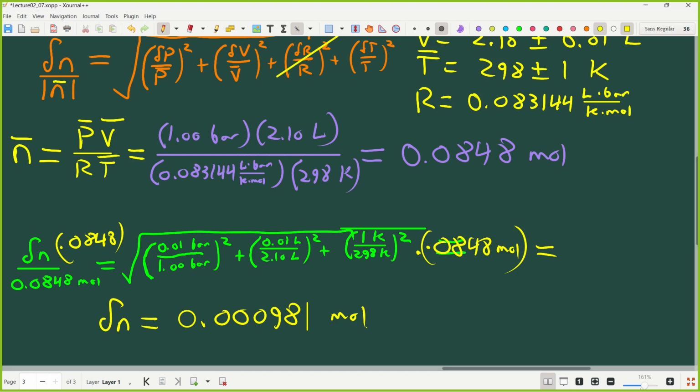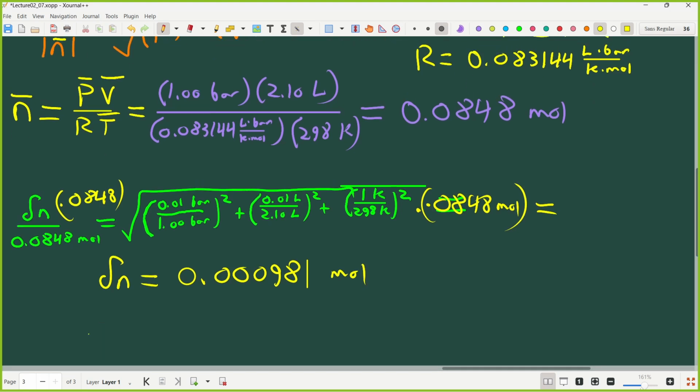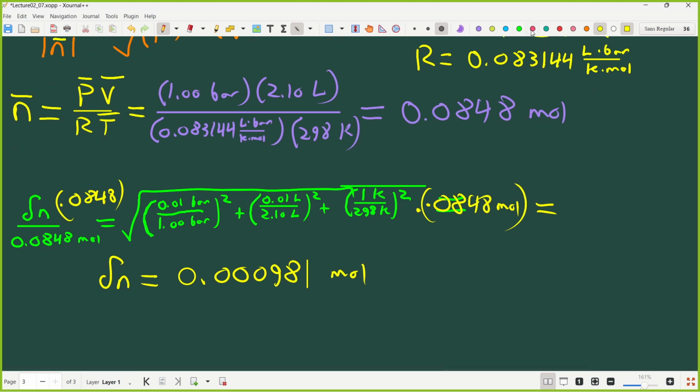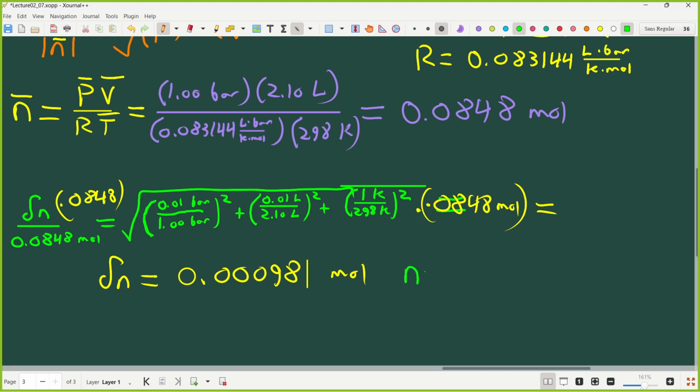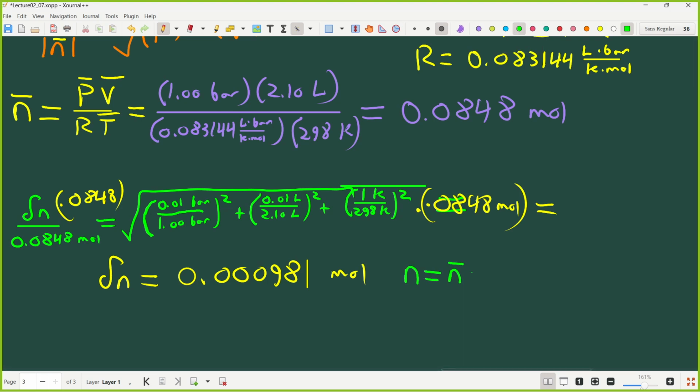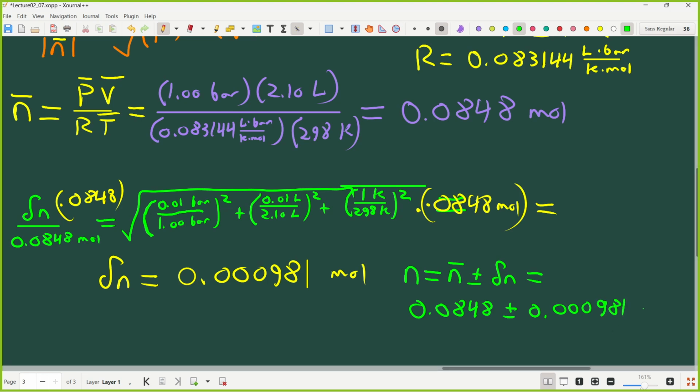Okay, so that's our error. So what that says is that our measured, experimental value for the number of moles in our gas, which is the best value plus or minus delta N, is equal to 0.0848 plus or minus 0.000981 mole.